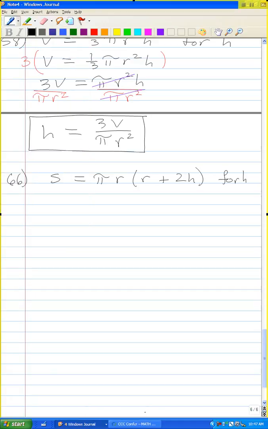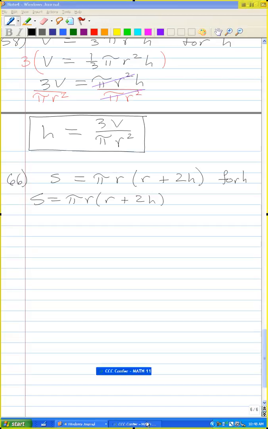Yes, we can solve this. What we're going to do first is multiply the pi r in the parentheses, and then I'm going to try to isolate my h.